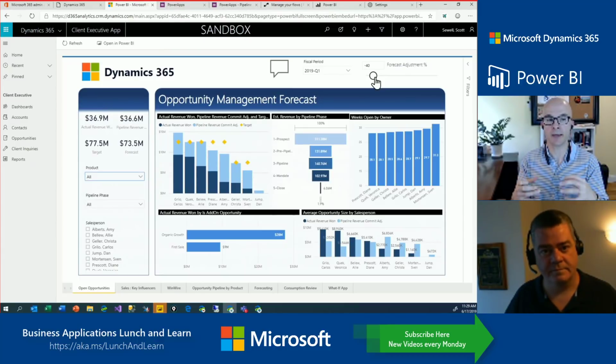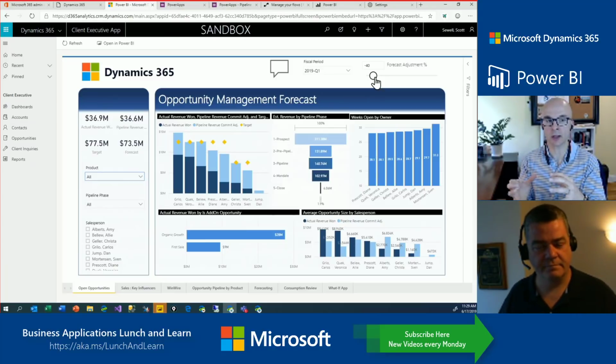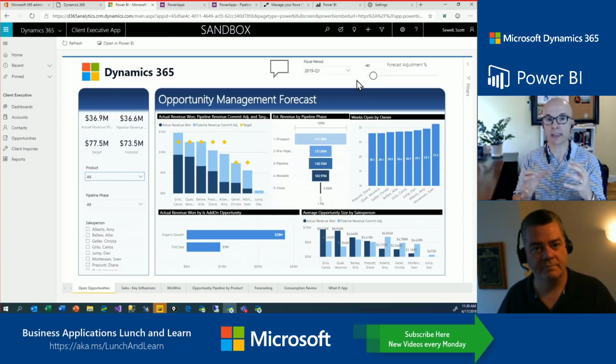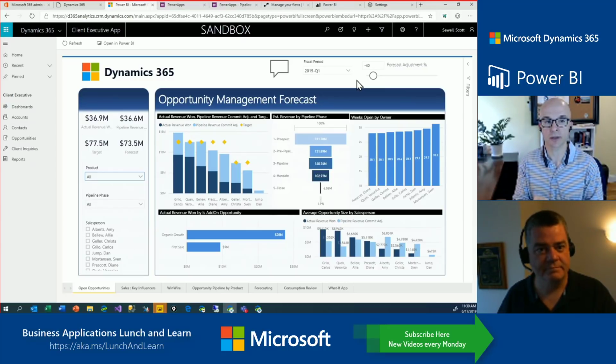Here is that story, but the slicers and the filters can all be tailored in a drag and drop editor that's really easy. There are templates you can take advantage of, but as a canvas, you can also create elegant visualizations and use tools to tell that story for your organization.